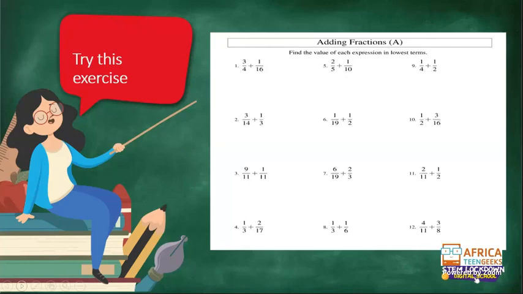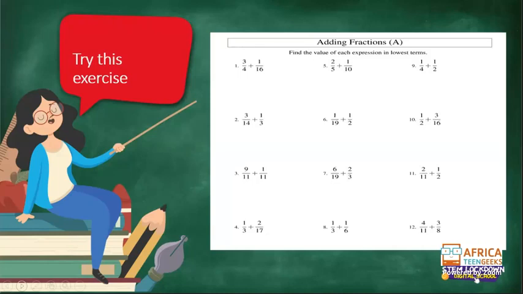We must always remember to use the special form of 1. If we're multiplying by 3, it must be 3 over 3. So we must keep in mind that we use a special form of 1 to multiply.